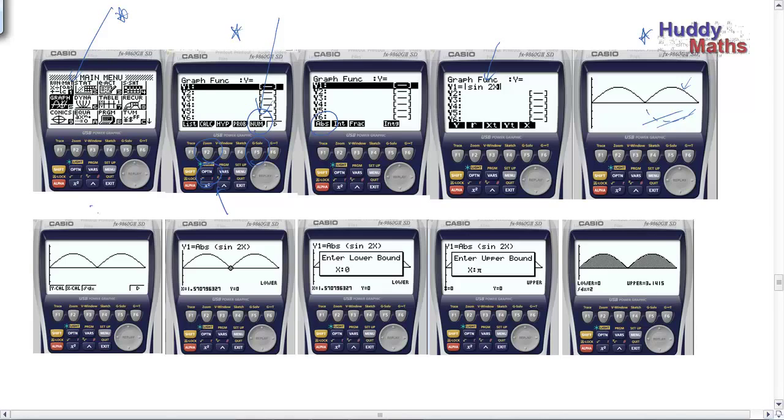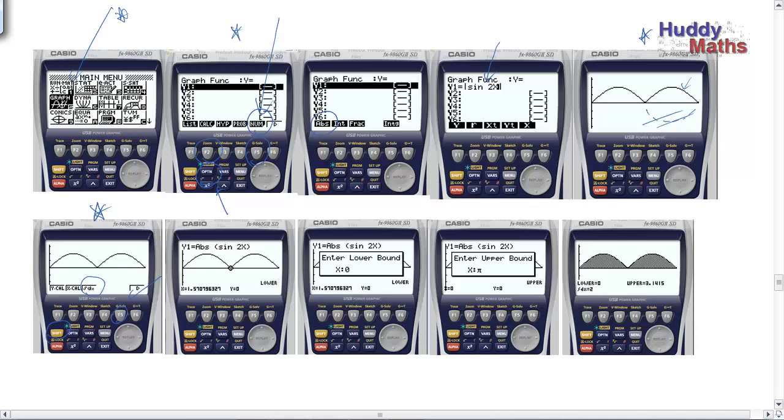Now we're in graph mode, we can do shift F5 to G-solve. G-solve up the top. And if you go to the second window, there's the integral sign, like we did before.